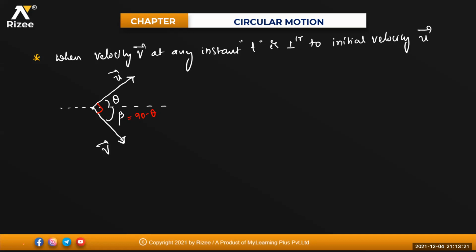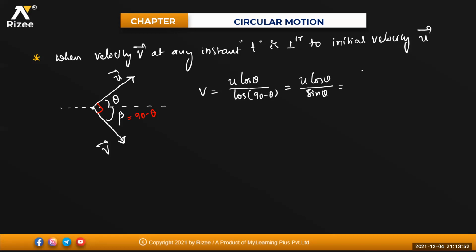So if beta is 90 minus theta, then v is equal to u cos theta divided by cos beta, with beta equal to 90 minus theta. That will be u cos theta divided by cos of 90 minus theta. Cos of 90 minus theta is how much? Sin theta.